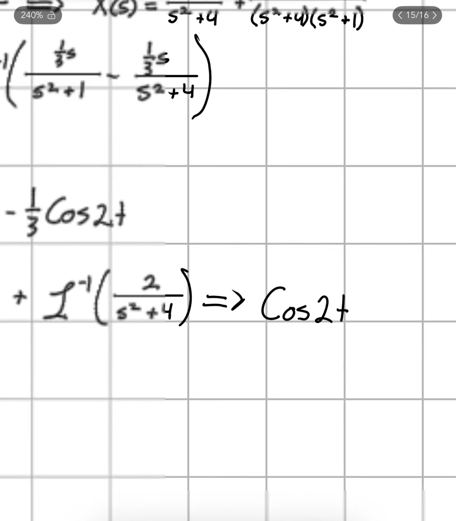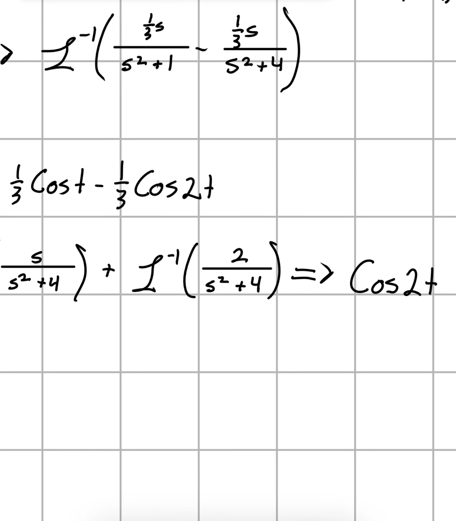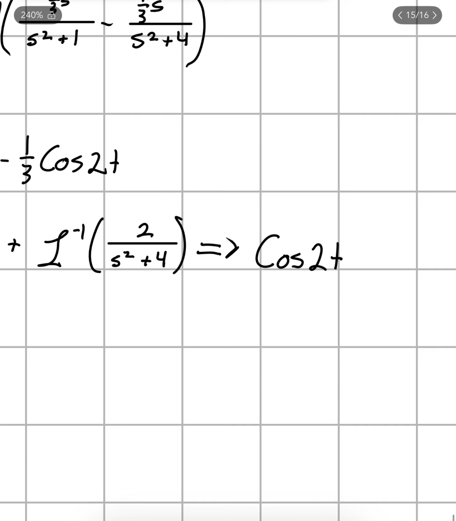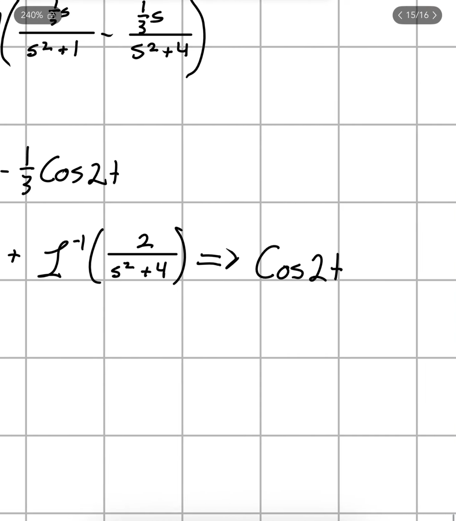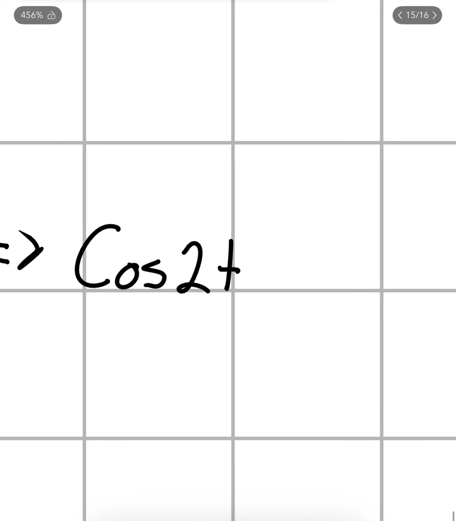Next, we'll look at this one. This one has an actual number in the numerator, which is implied to be w over s squared plus w squared, which equals sine w of t according to the table. So we will add sine of 2t.